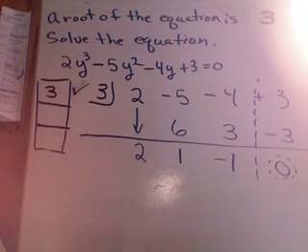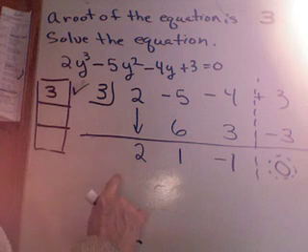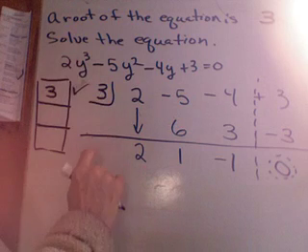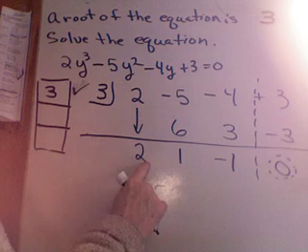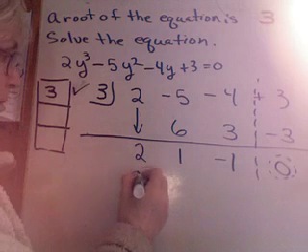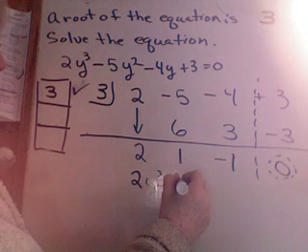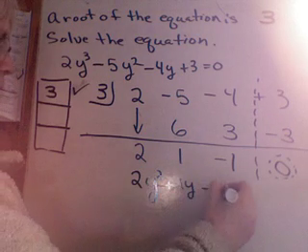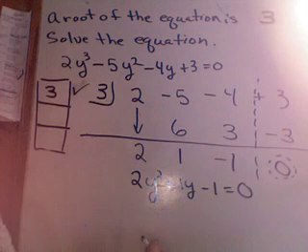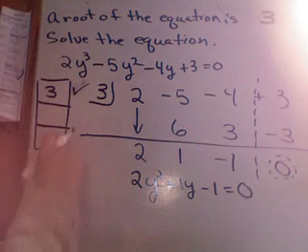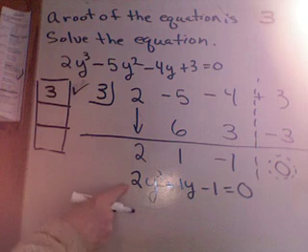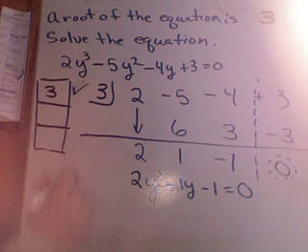Now, this equation, I can put the variables back in here and solve it. I started with a y to the 3rd. This is going to be a y squared. I think I said x, I meant y. 2y squared plus 1y minus 1 equals 0. Now, all I have to do is solve that to get the last 2 answers. There's a number of ways I could use to solve this.